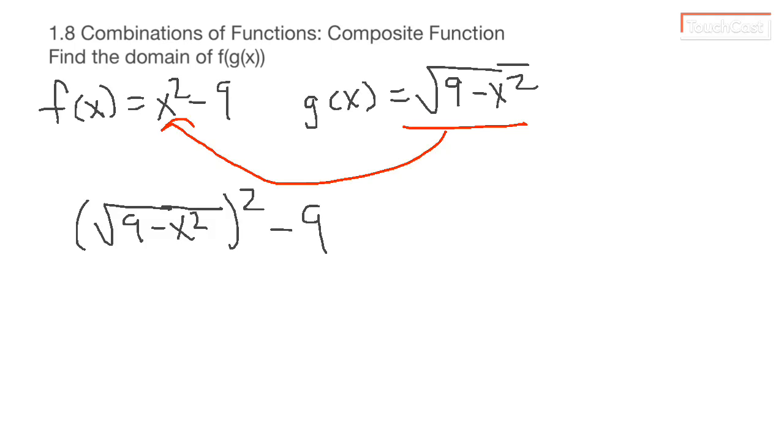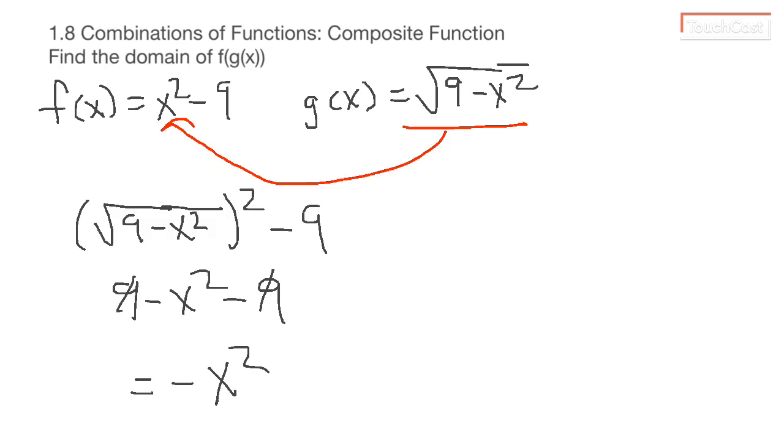And the squaring and square root cancel each other out. So we're going to have 9 minus x squared minus 9. And these 9's cancel each other out. So we're going to end up with just a negative x squared. Now the domain of f of g of x is restricted by the domain of g of x.